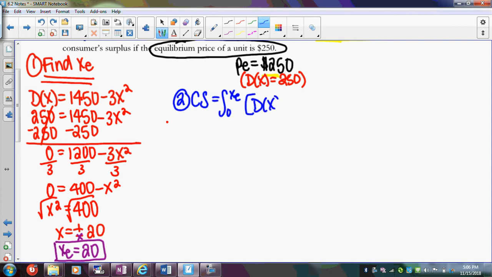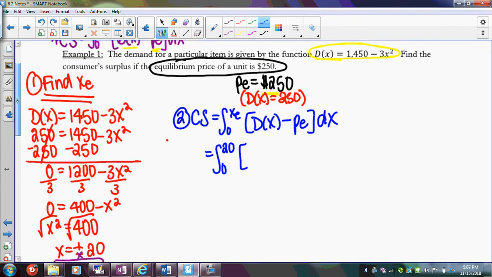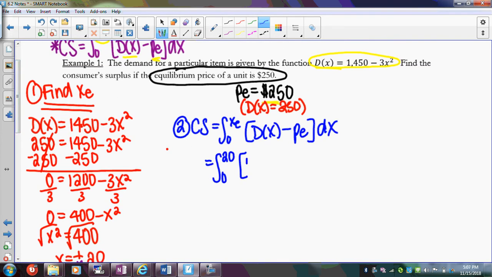It's always going to be d of x minus p sub e, because d of x will always be greater. And now I can plug in. So 0 to 20 are going to be my bounds. For d of x, I have to go back up to the problem here. That's going to be 1450 minus 3x squared, and then minus 250.